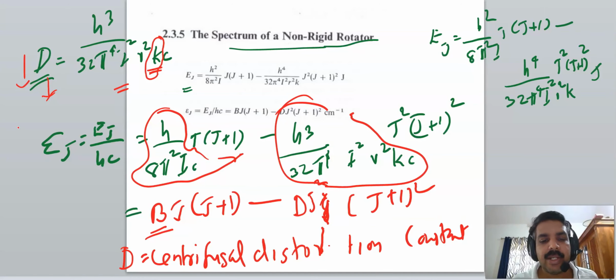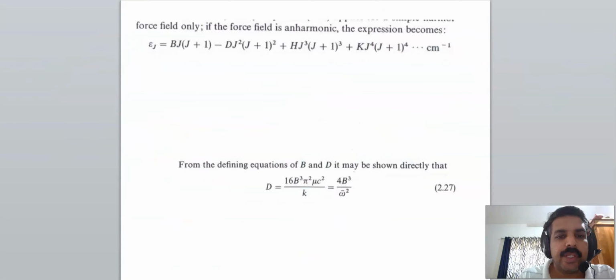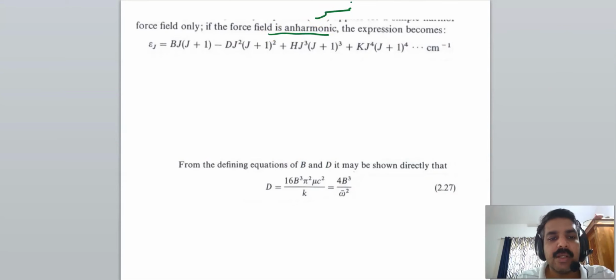And if the vibration is anharmonic, in the previous case we considered the vibration to be harmonic, simple harmonic. If we consider vibrations to be anharmonic oscillation, then the equation will be like this: epsilon J is equal to B into J plus 1 minus D into J square into J plus 1 the whole square plus H into J cube into J plus 1 the whole cube, K into J raised to 4 into J plus 1 the whole raised to 4, etc. But normally these H, K, etc. are very small, so they can be neglected.